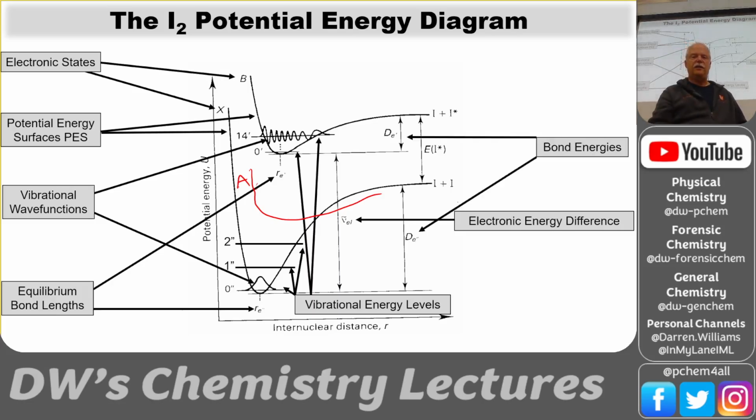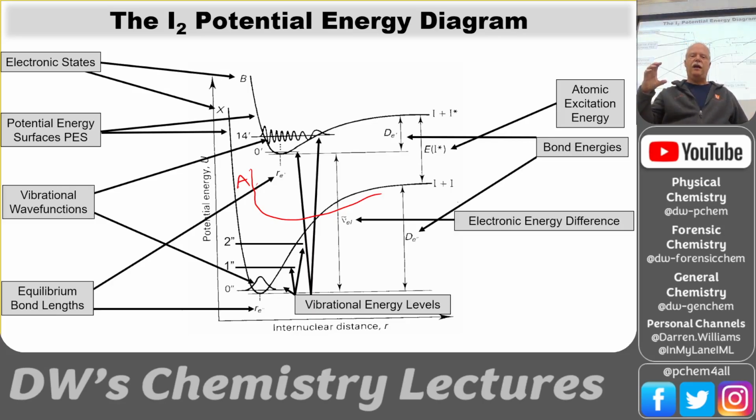The bond energies, so the bond dissociation energies, how strong the upper state bond is. Look how much weaker it is. See, that arrow is really small compared to this one. So the excited state is excited, and it has a weaker bond. So it has a longer bond length. And then this difference between the dissociated atoms is the atomic excitation energy.